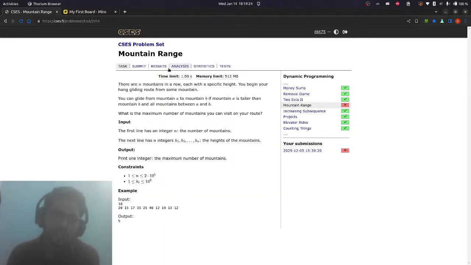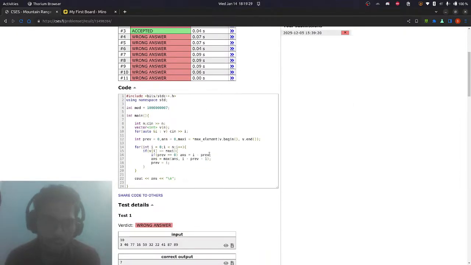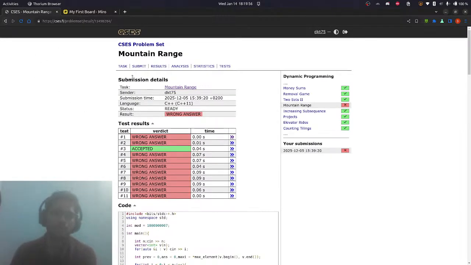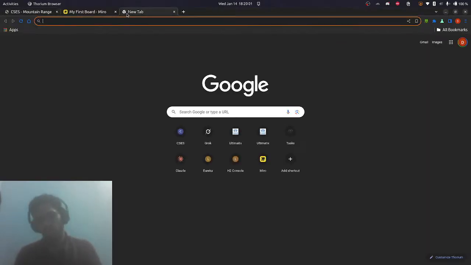I think we tried to solve this and the answer was not correct. What I did. Okay, so this is not going to work anyway. Okay, so I've researched some things about this problem.